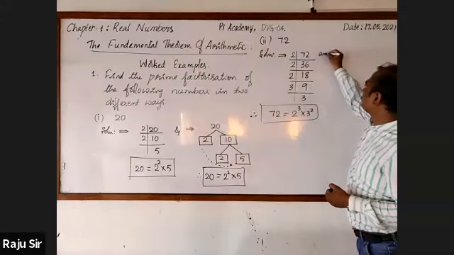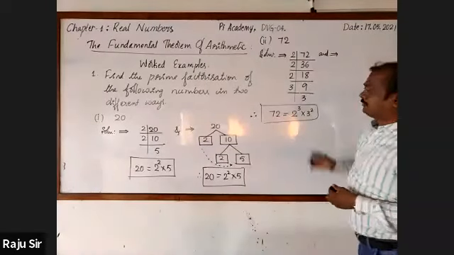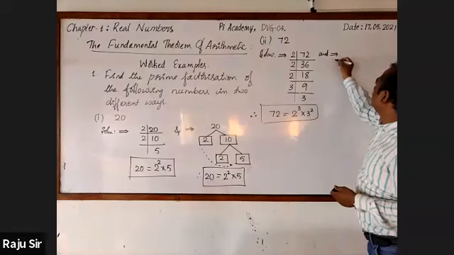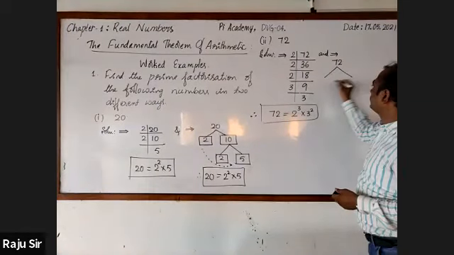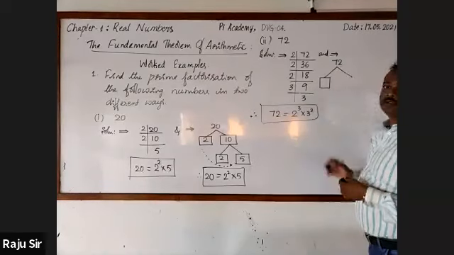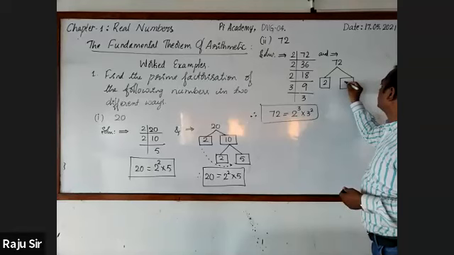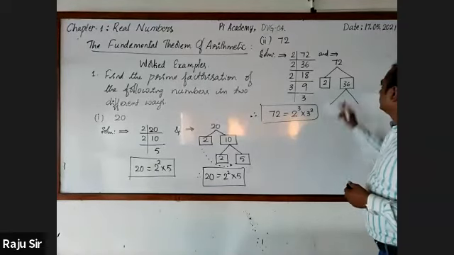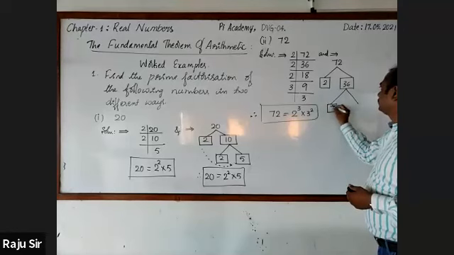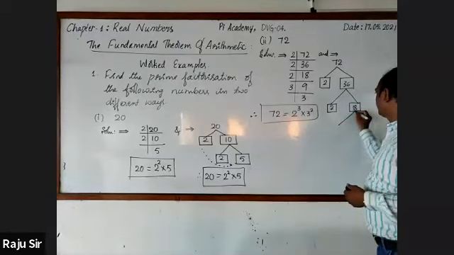Similarly, by factor tree method, 72. From this number, start making the branches. 2, it is 36 up. Next, make the branch of 36. 2, it is 18 up.